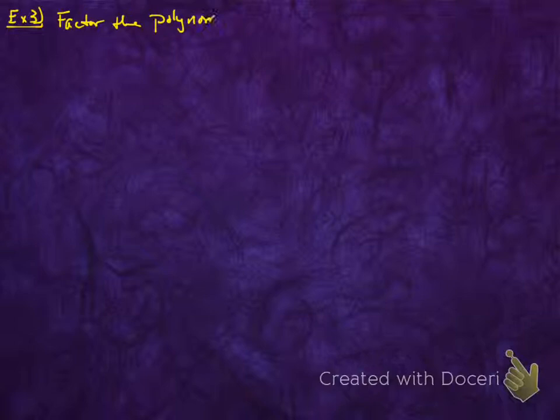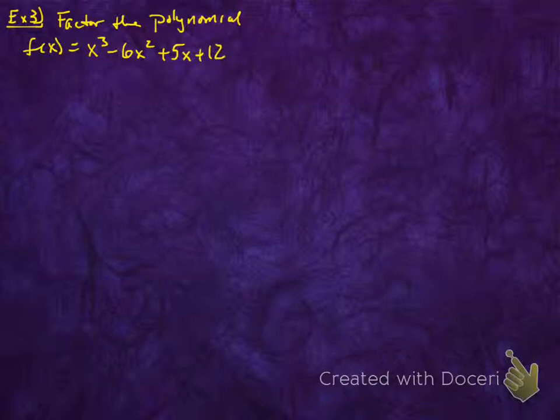So let's take a look at this one. Let's call this example 3. I want you to factor the polynomial f of x equals x cubed minus 6x squared plus 5x plus 12, given that x minus 4 is a factor.